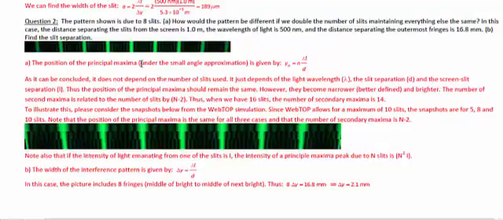But remember, that's applicable only under the small angle approximation. And again, remember, this equation indicates that the only factors that are going to determine the position of these principal maxima are going to be the wavelength, the separation of the slits, and how far the screen is from the slits.